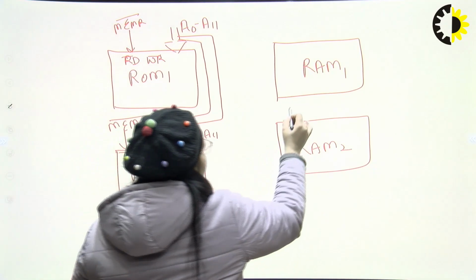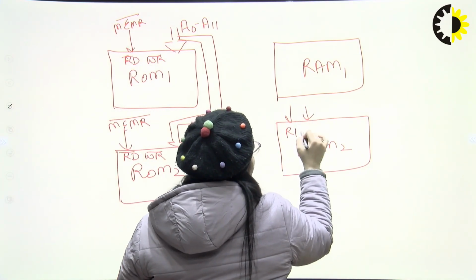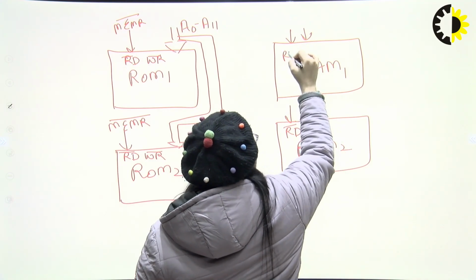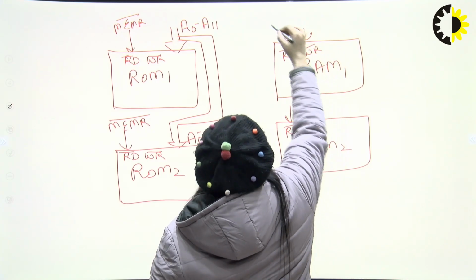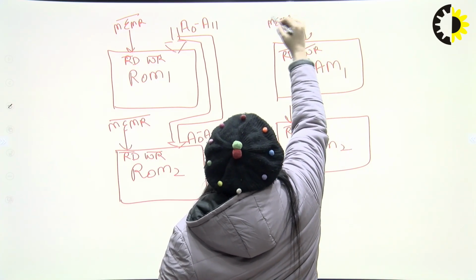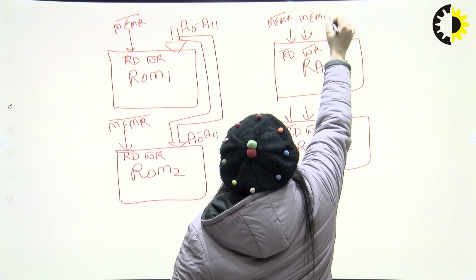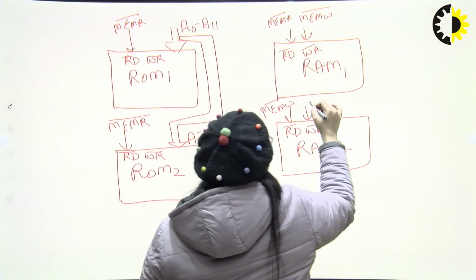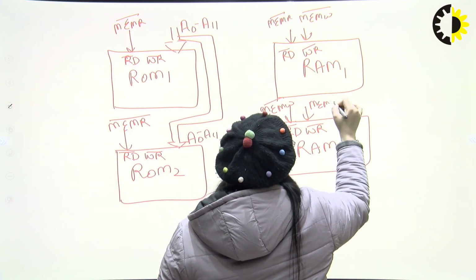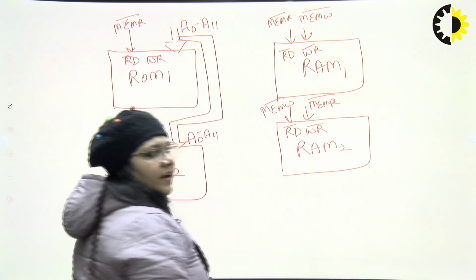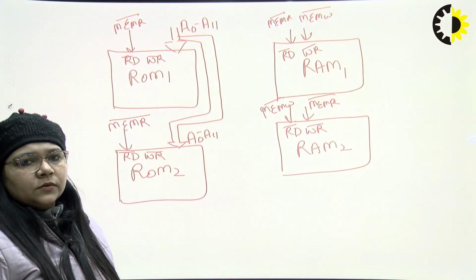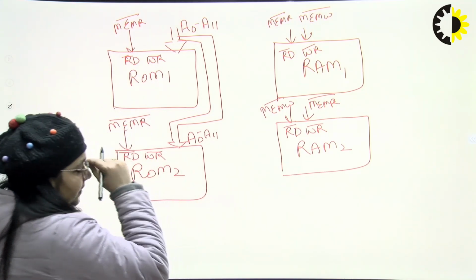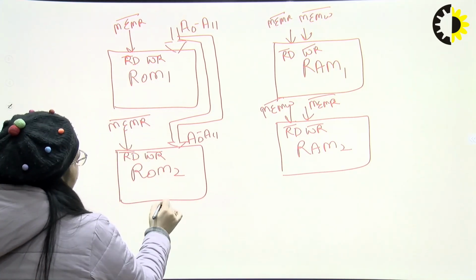For RAM, read and write both are required: memory read and memory write both. We can put the value of the decoder's output also here, that is Y0 bar and Y1 bar. Y1 bar is for memory read and Y2 is for memory write here. Here it is chip select.